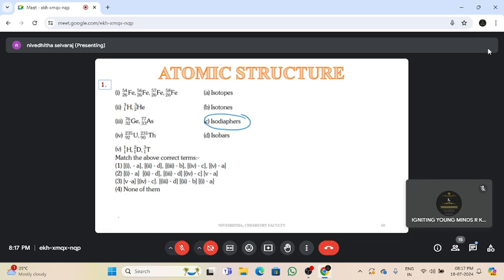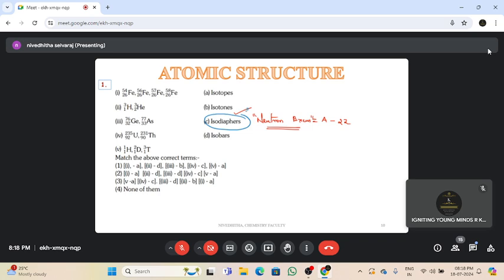But how do we calculate neutron excess? To calculate neutron excess, here is the formula: mass number minus 2 into atomic number will give the neutron excess. If two species have the same neutron excess, then those species are called isodiphers.